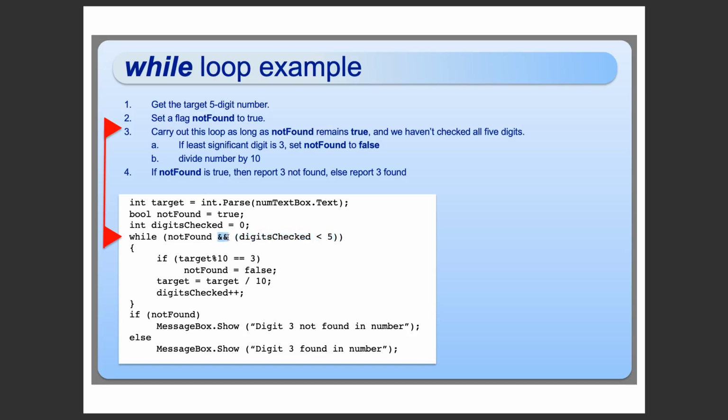And because we've got an AND here, the whole thing is only true when both parts are true. So this whole thing becomes false if either digits checked equals 5 or not found becomes false. And that's how we control how long the loop runs for. Once one of these things becomes false, the whole loop ends and we move on.